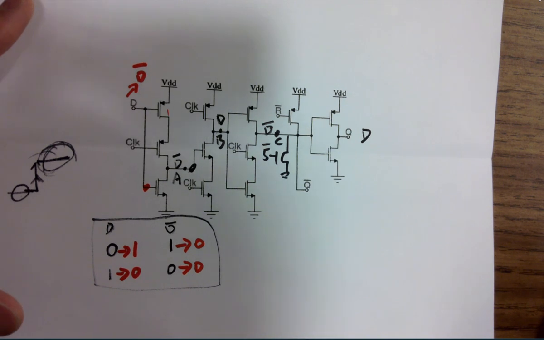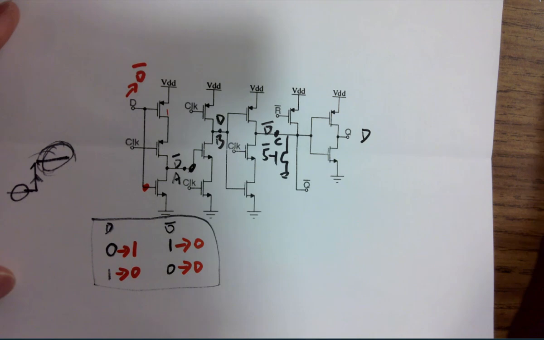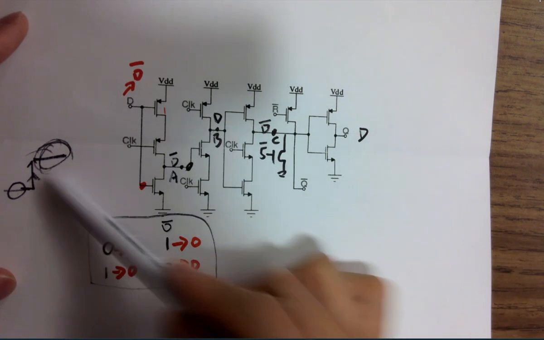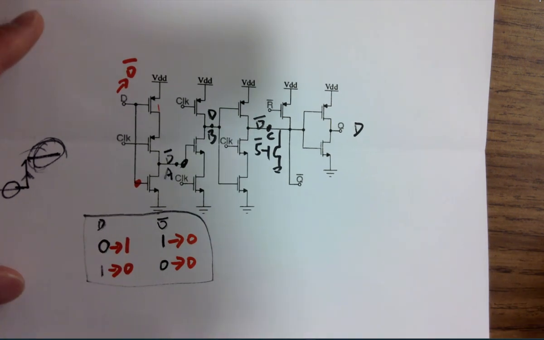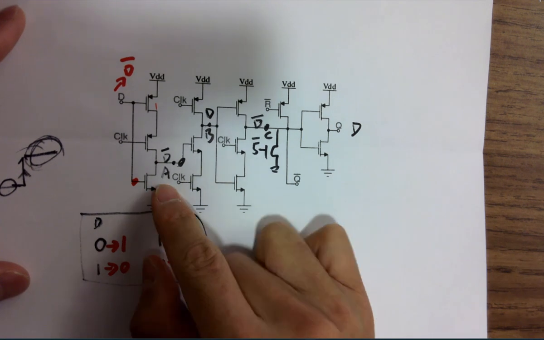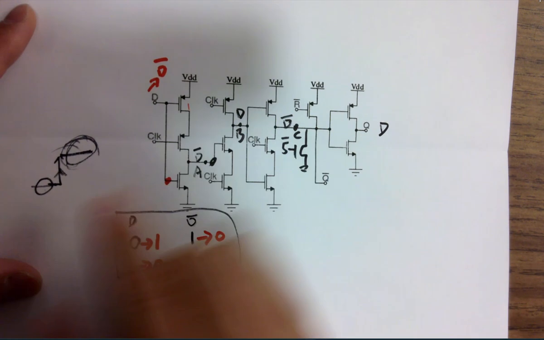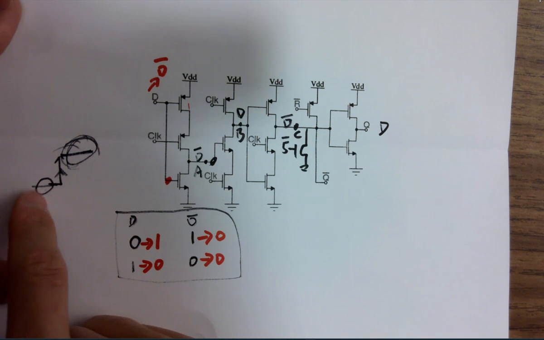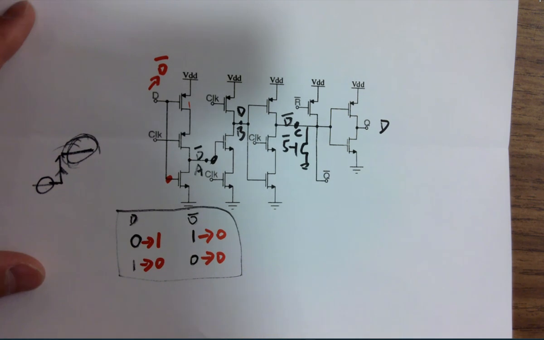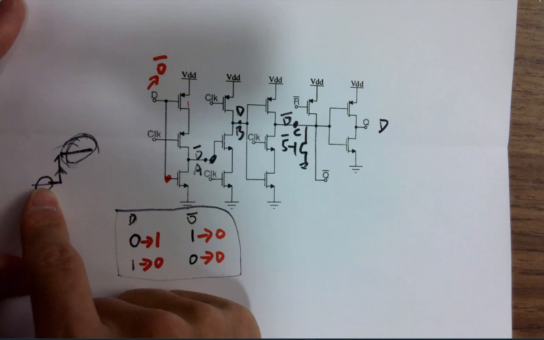So what are you asking for again? Oh, describe how this works. You can label node A, B, C, right? Label node A, B, C, and start from when clock is 0.